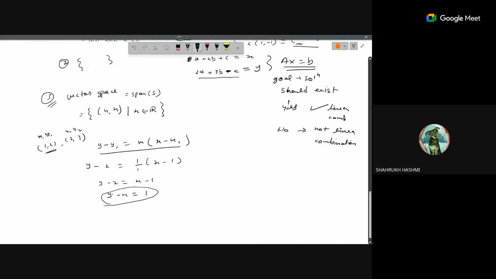So this is like the span of those particular vectors. Yes.